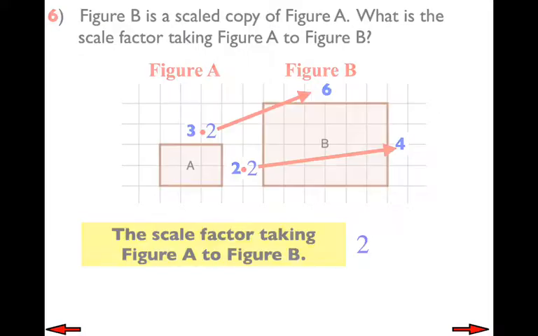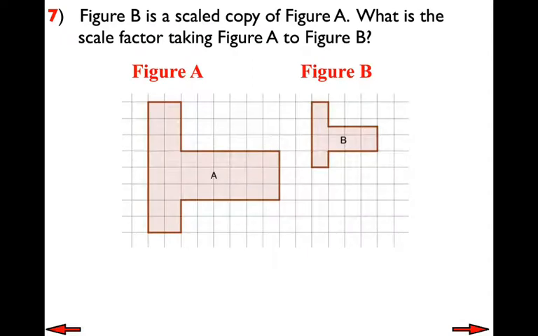Okay, let's go to number 7. Same idea. Pause the video, then press play when you think you have the correct answer. Okay, so figure A is the original. Figure B is the scaled copy. Notice the figure B got smaller than figure A. So once again, we know that the scale factor has to be some fractional value or some decimal value between 0 and 1.